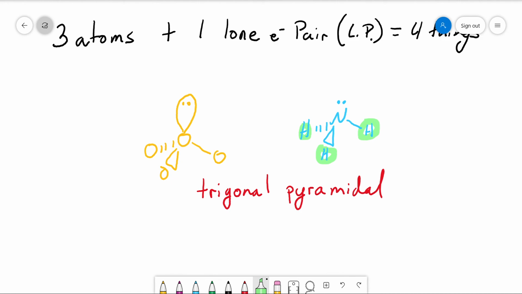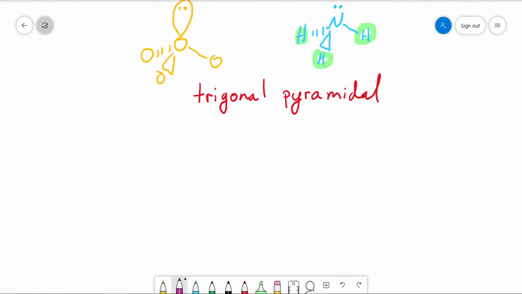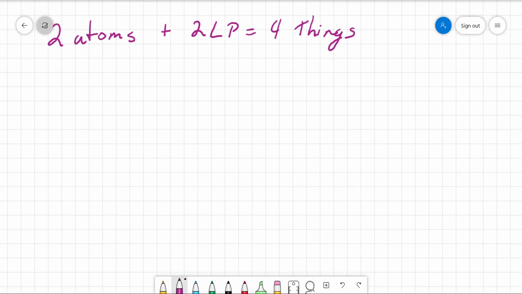Okay, one more for this video. We're going to do 2 atoms plus 2 lone pairs, and that's still 4 things. Charge clouds, electron clouds, whatever you want to call them.